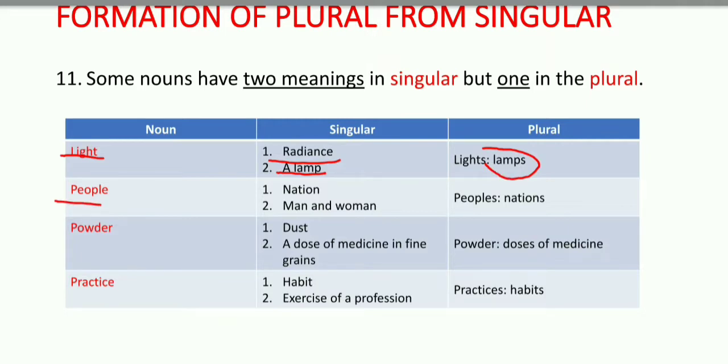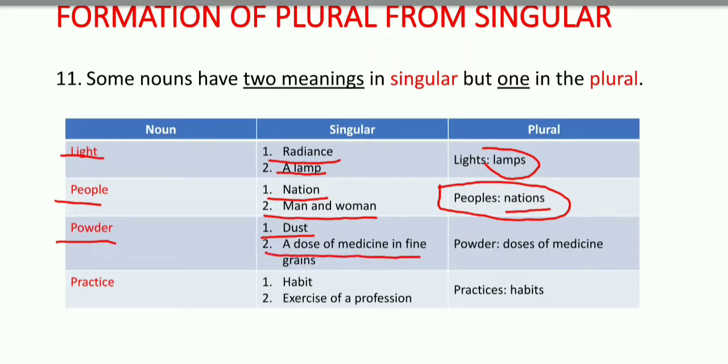Also, people: in singular, it gives the meaning of nation or men and women. But if we use it in plural, peoples, it will only mean nations. And the third noun is powder. Powder's first meaning is dust, and the second meaning in singular is a dose of medicine in fine grains.